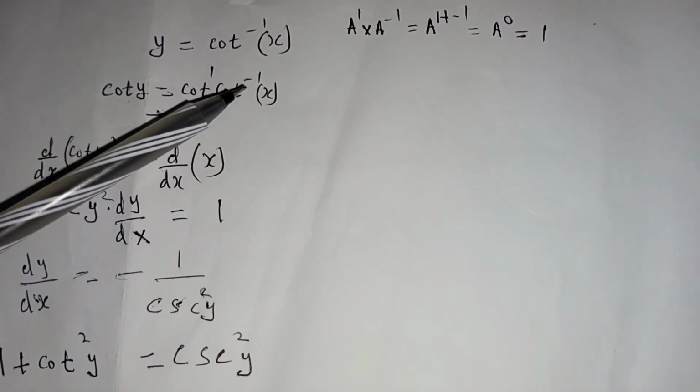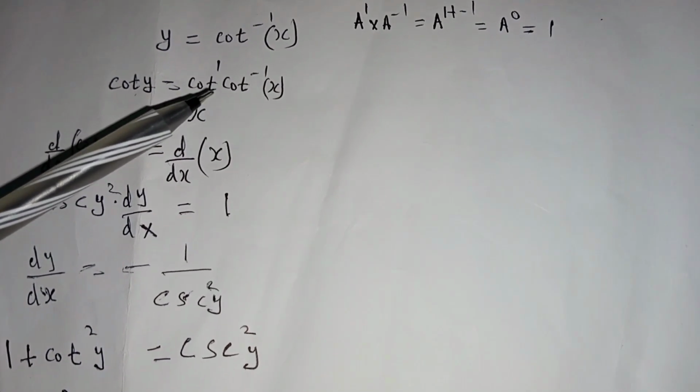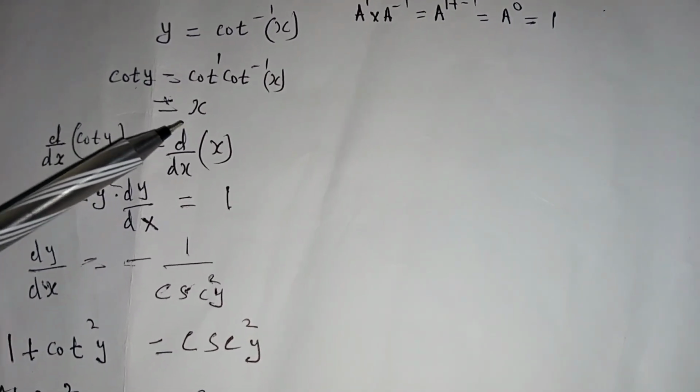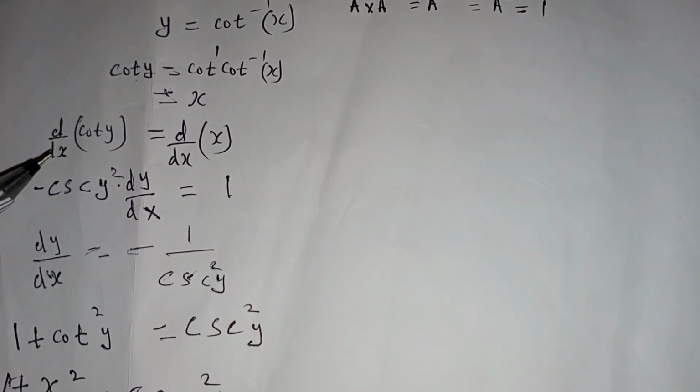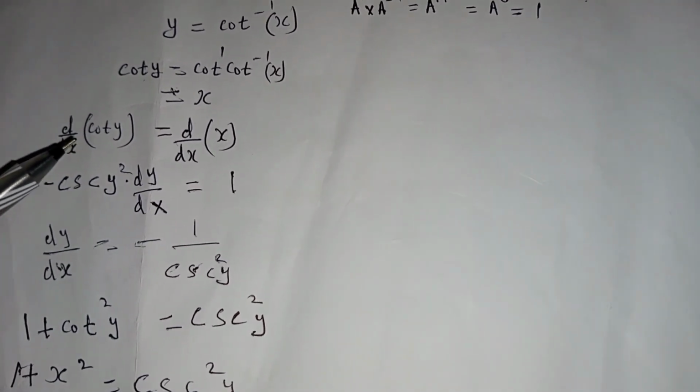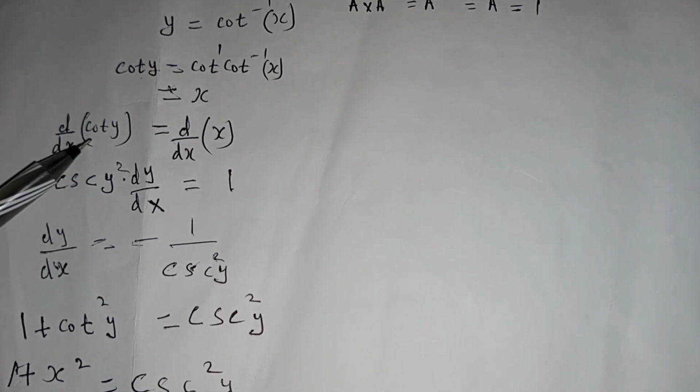So 1 plus negative 1 is 0. Any number to power 0 is 1. So that is where we have cot of y is equal to x. Then we differentiate both sides with respect to x. When we differentiate cot of y, it will be negative cosec squared of y dy over dx, which is equal to 1. dy over dx is equal to negative 1 divided by cosec squared of y.